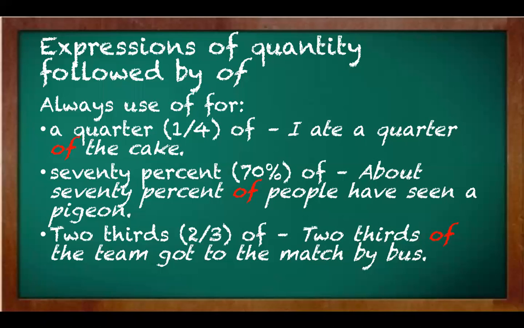So you always use of for a quarter, 2/3, or 70%. So most fractions, I also say 5/8 of, or something like 7/24 of, things like that, okay? Any fraction, you use of always.